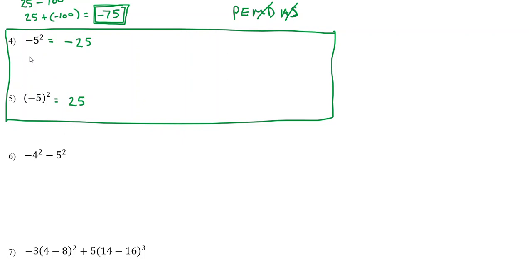So let's think about number 4. We had two things going on here. We have this negative sign. It says add the opposite, or this number is negative. And we had the exponent. And the order of operations says, first do the exponent, and then do the subtract.